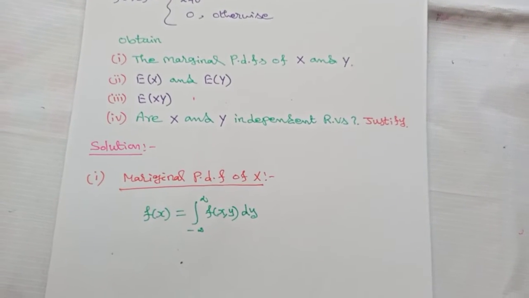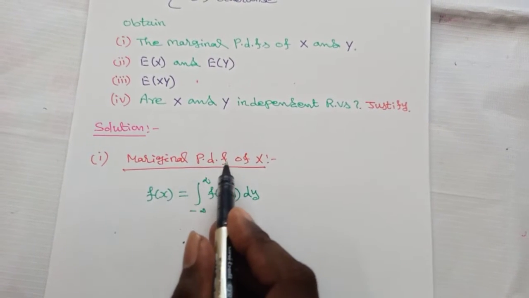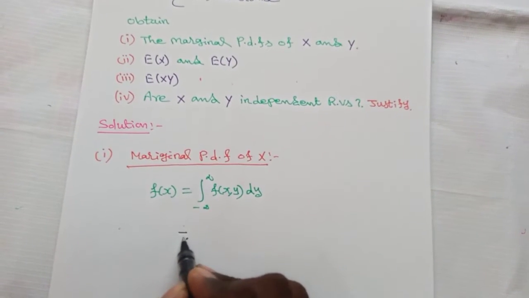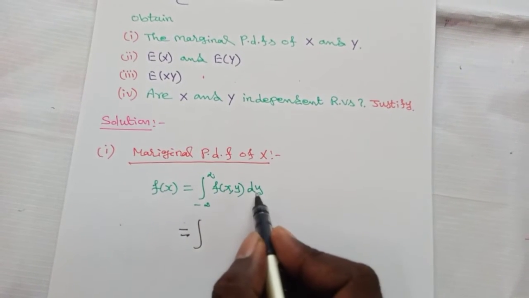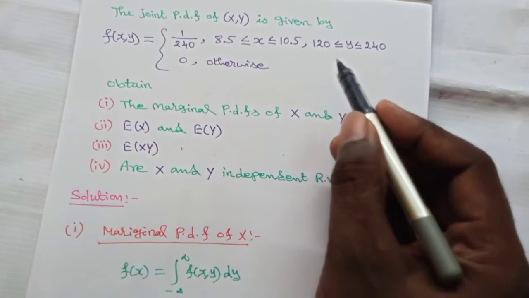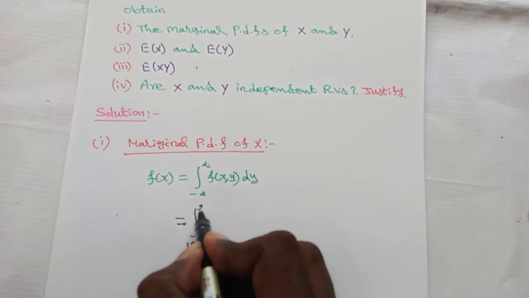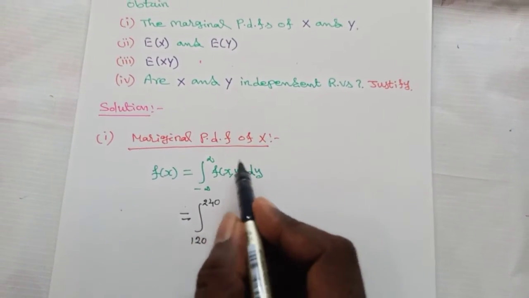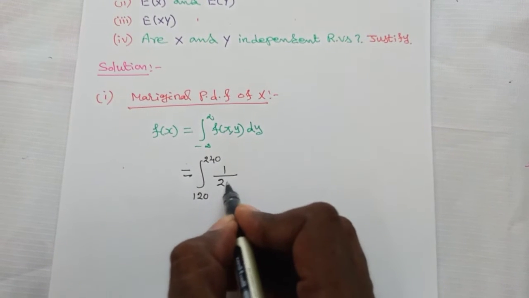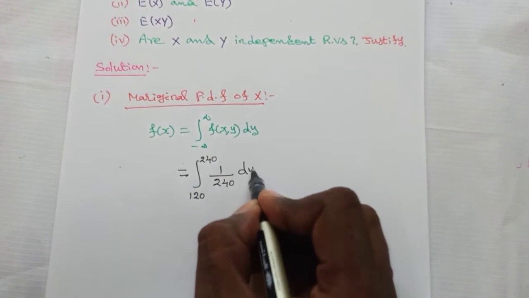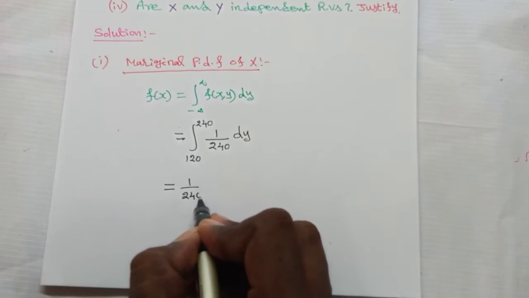Okay, so now to evaluate f of x, called the marginal probability density function of x, the integral limit is the y limit, because dy. What is the limit for y here? 120 to 240. F of x comma y is 1 by 240 into dy. Here the constant 1 by 240 can be taken outside.